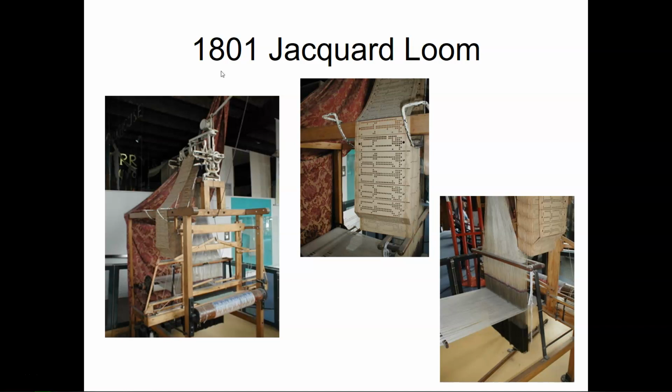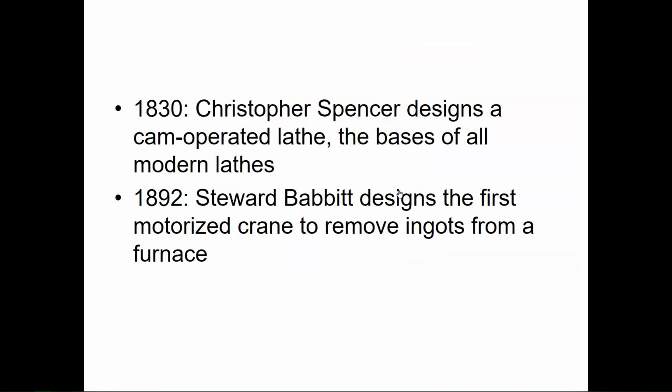So then you skip a few years forward into 1801, and you have a loom that is more computerized. It's able to go by pattern. Then you have Christopher Spencer, who creates a cam-operated lathe, which is what all modern lathes are based on. You have Stuart Babbitt, who designs the first motorized crane to remove ingots from a furnace.